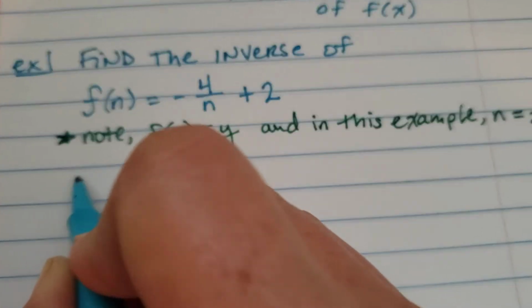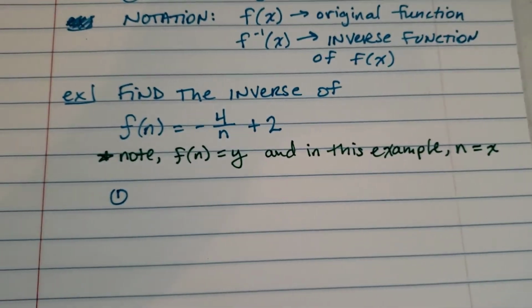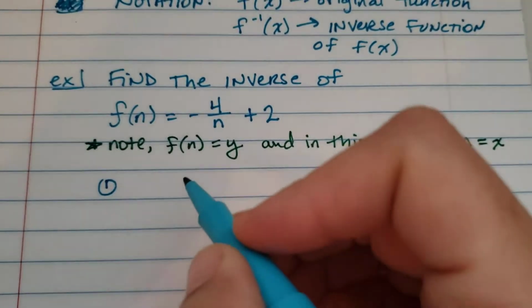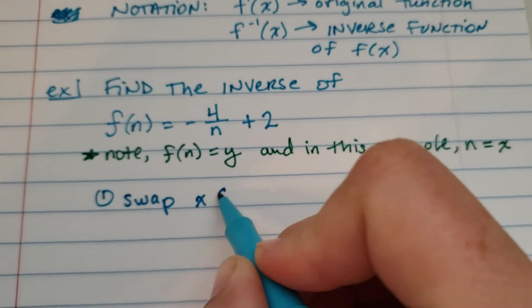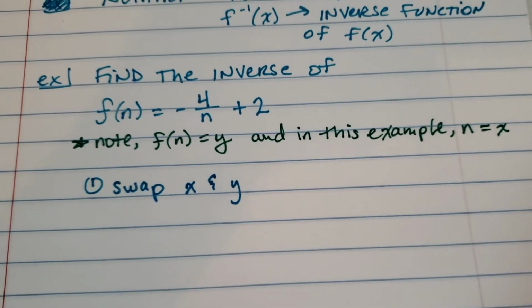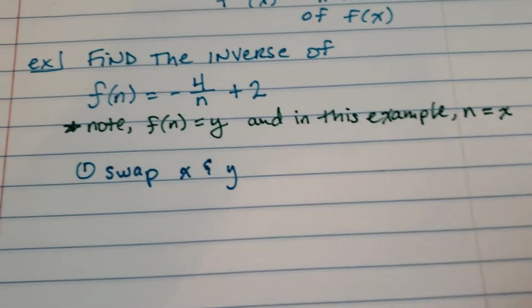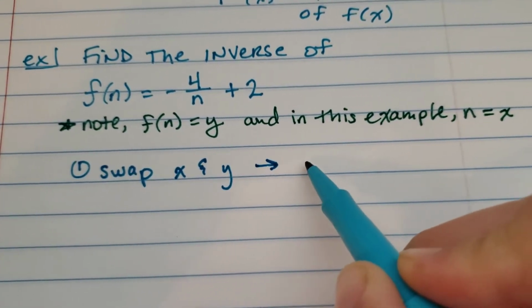Step 1. Sorry, it's not the best, but this is the only way I can figure it out. So step 1, swap my x and y. In this case, I'm swapping f of n and n. All right, so my original is going to look like this.